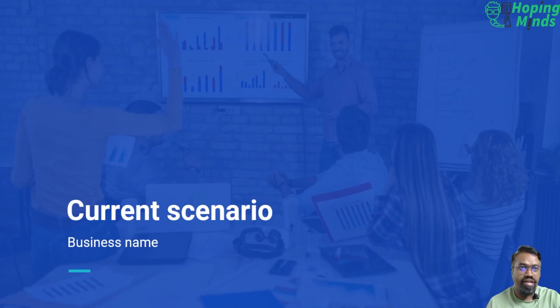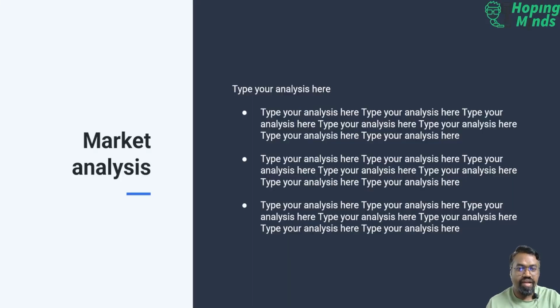We need to make them aware that this is your current scenario, and if you take digital marketing services, what all we can change, right? So first of all, we need to do a market analysis as per their business model, and then we need to mention all that market analysis over here.